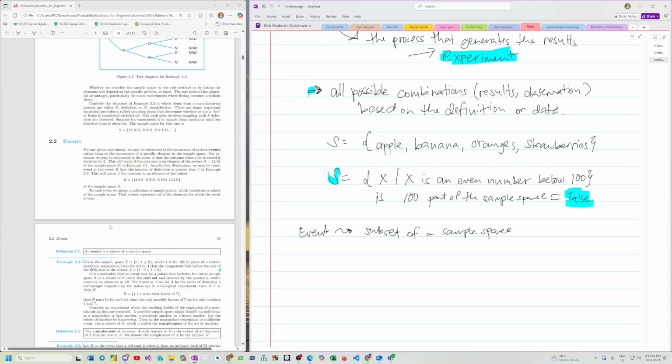This means that, let's say for example, let's consider S here.